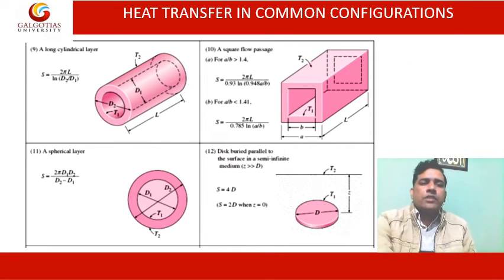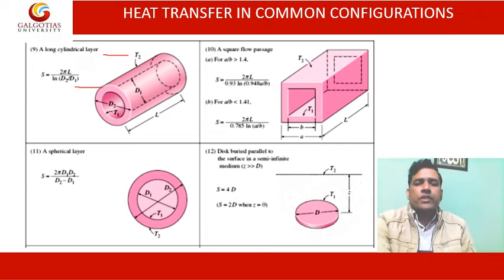A long cylindrical layer is shown over here as equal to this value, and this is again the shape factor that is given, and the spherical layer is shown over here.